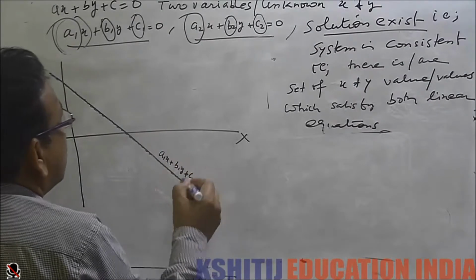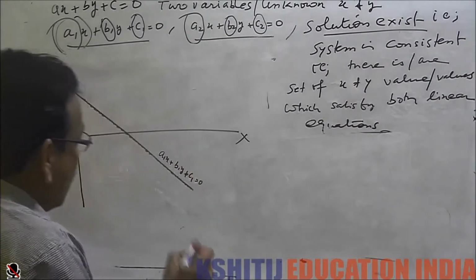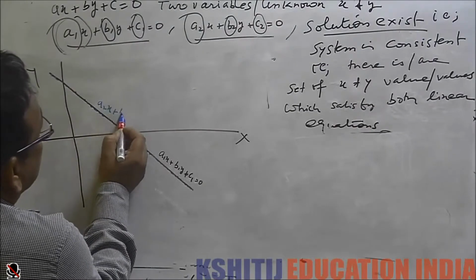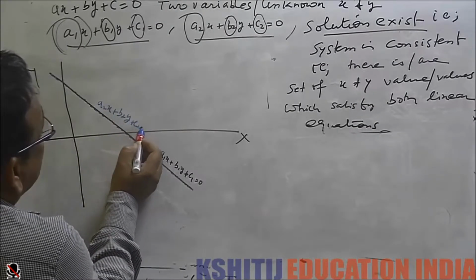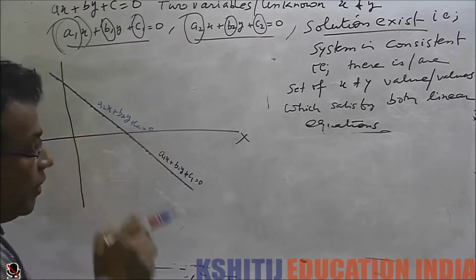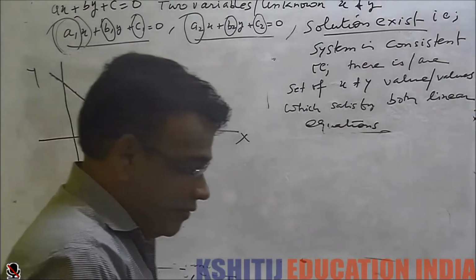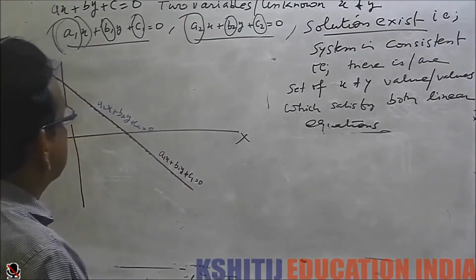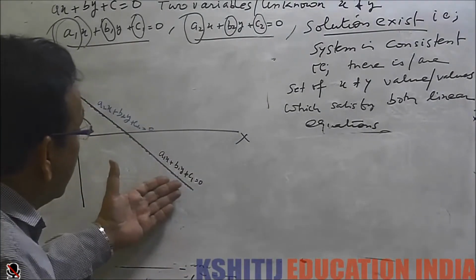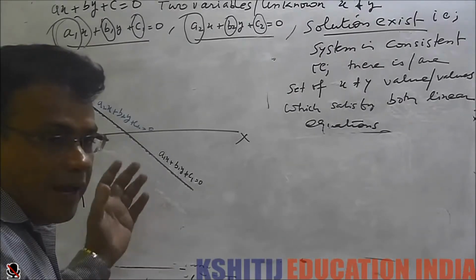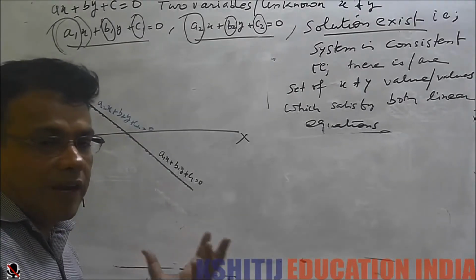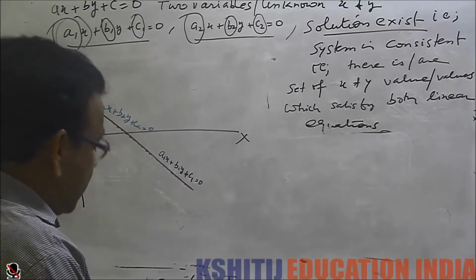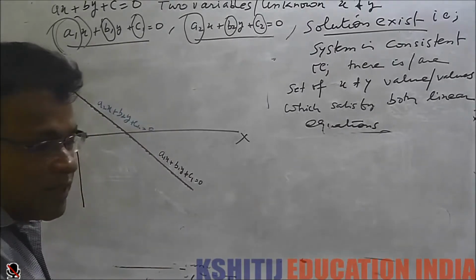So what happened? Both the equations are represented by the same line. So there could be n number of values of x and y, n sets of values, which would satisfy both the equations. So this is known as: the solution exists.